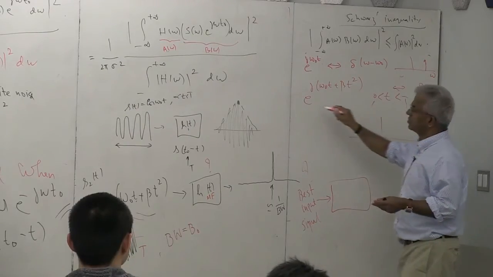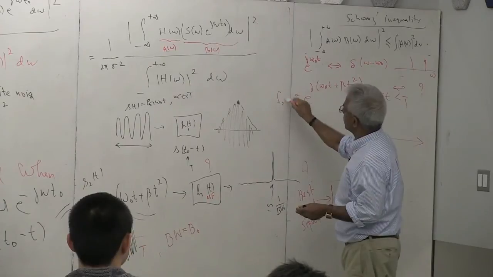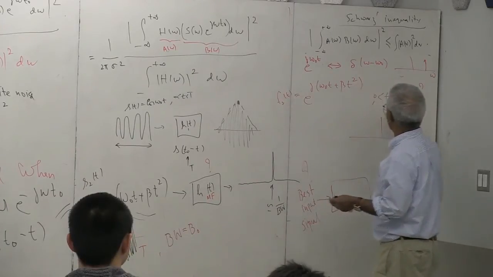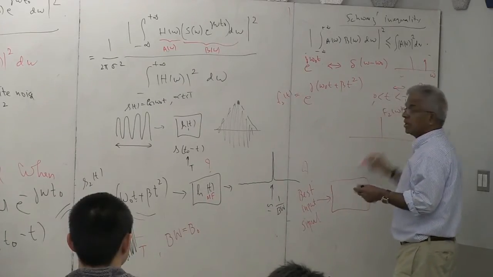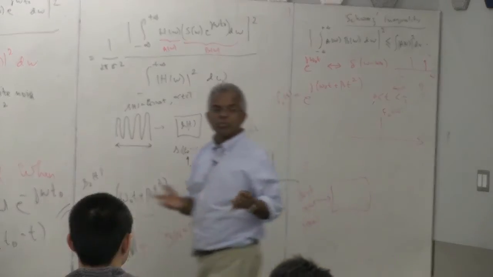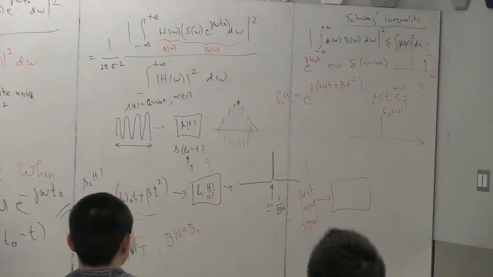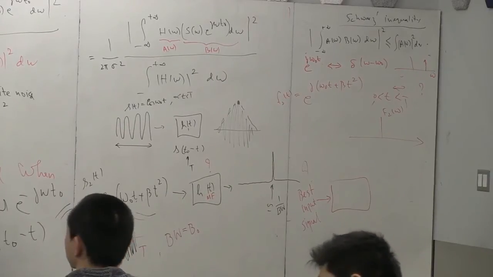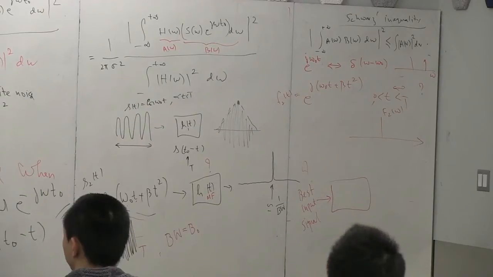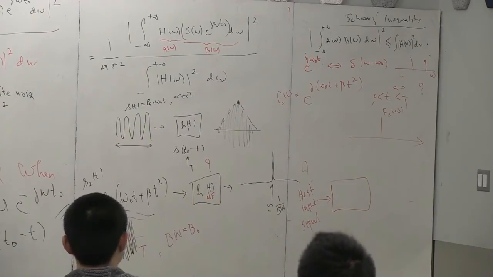If this is f2 of t, I want you to find this out. You don't have to do any original invention, because you just have to copy it from somewhere. I have an appendix here where it is done in detail.